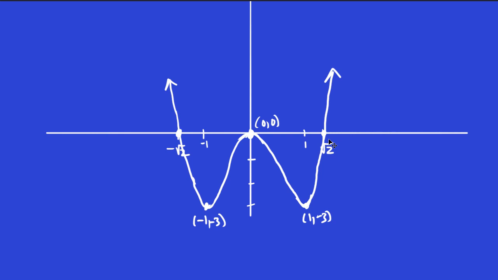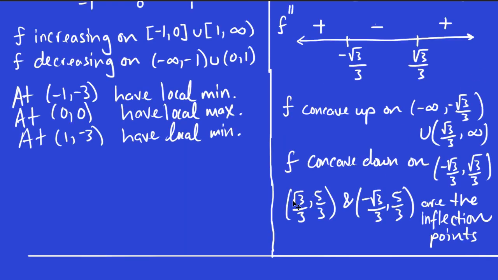Root 2 is 1.4, right? So sorry. Root 3 over 3 is actually what I should be looking at right now. Root 3 divided by 3 is 0.57.